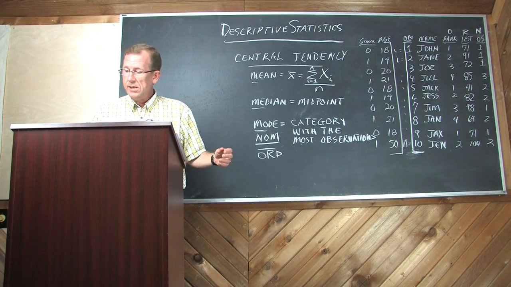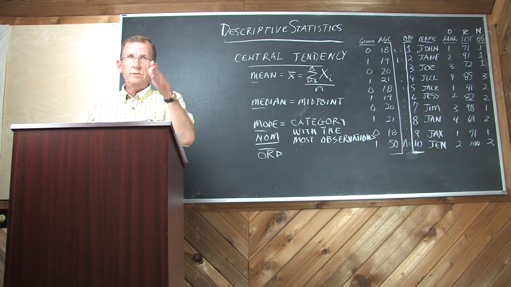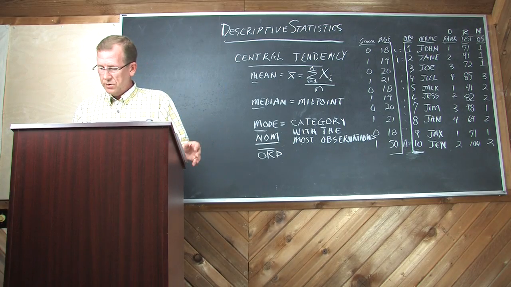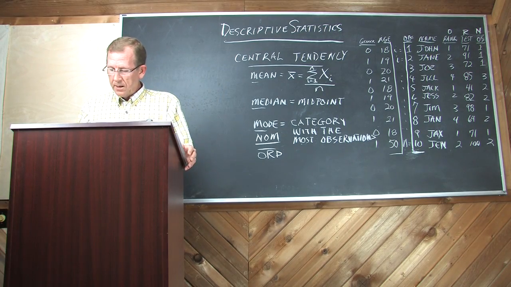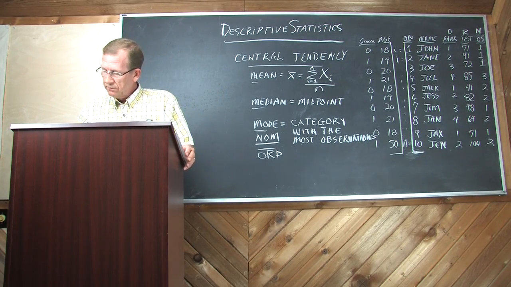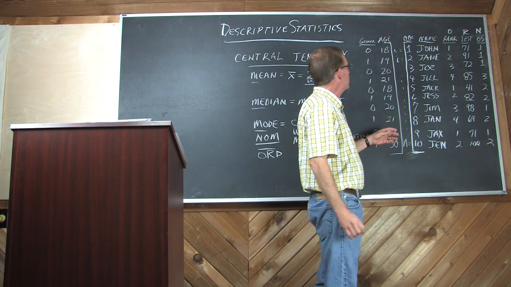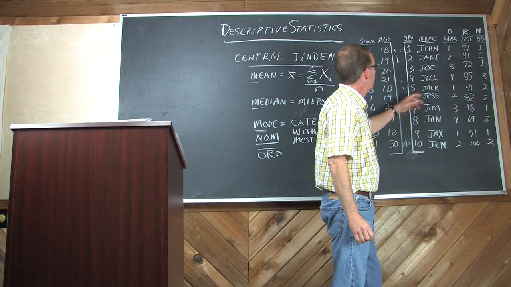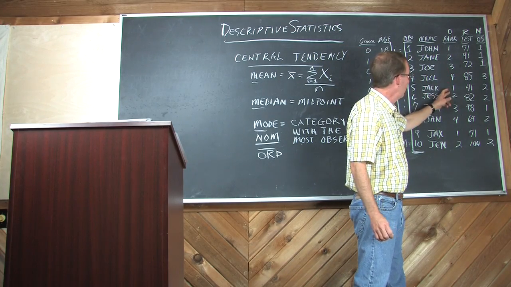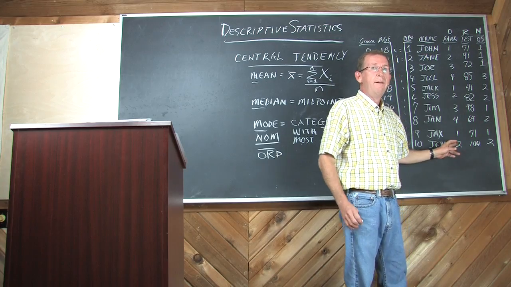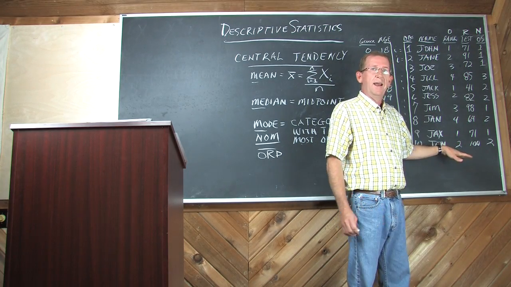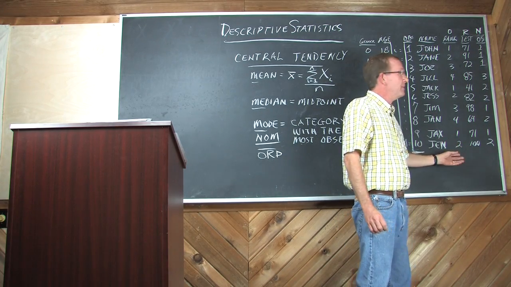Here we have an ordinal scale, which is freshman, sophomore, junior, and senior. In this particular case, if you'll notice, on rank, I just went 1, 2, 3, 4, 1, 2, 3, 4, and 1, 2, in order, so it just ran out at 10. So this is nice.